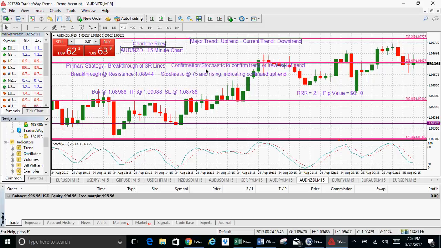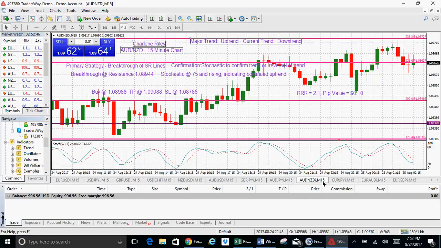And I primarily use the stochastic oscillator to confirm the trend or reversal of the trend. And I've also used market volume or candlesticks and candlestick patterns as confirmation as well.